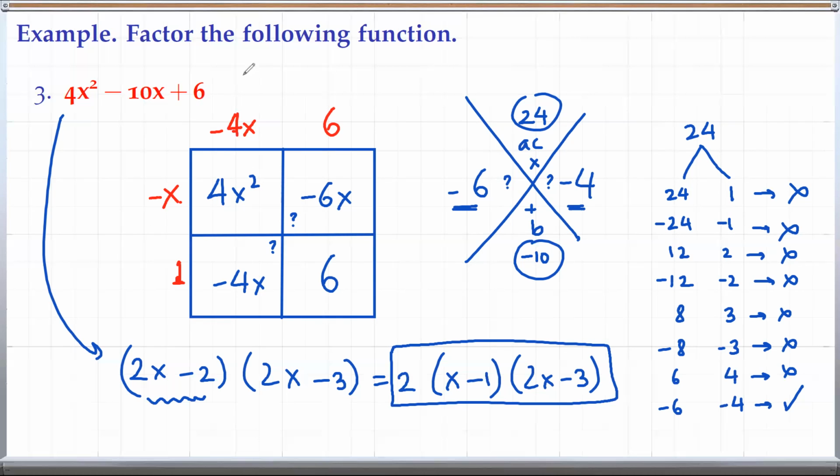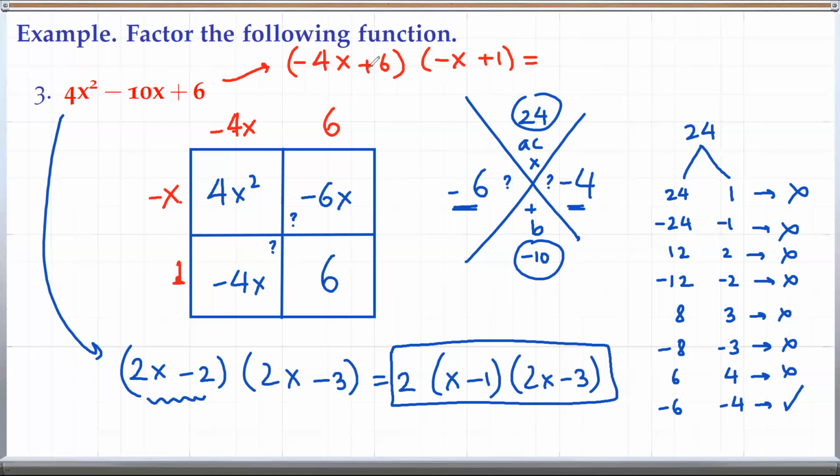Again, if we take the sides of this table, then we get factors. So we have negative 4x plus 6 as this one here, and negative x plus 1 as this one over here. But these factors here and these factors over here, they look a little different, but we can simplify the factors we just got a little bit to make them look like what we have over here earlier.